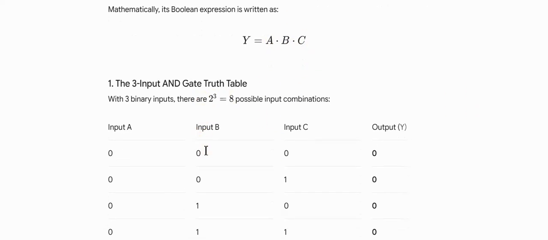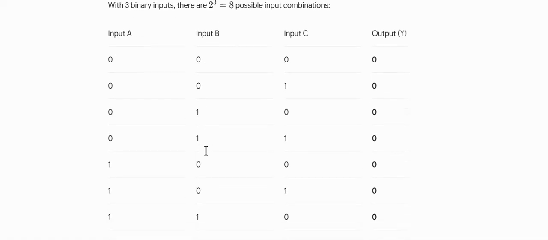All right, now for example, you can see this truth table over here. If your input A is 0, input B is 0, and input C is 0, then you can see how it is evaluated. Now you can see why every time 0 is coming. Whenever there is a single 0, I told you take it as a multiplication.